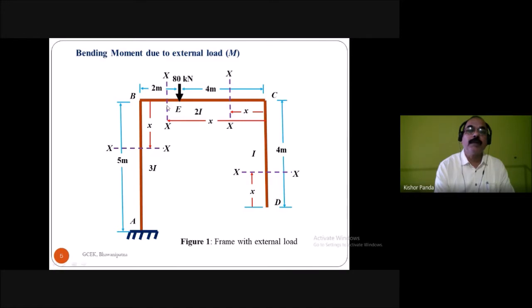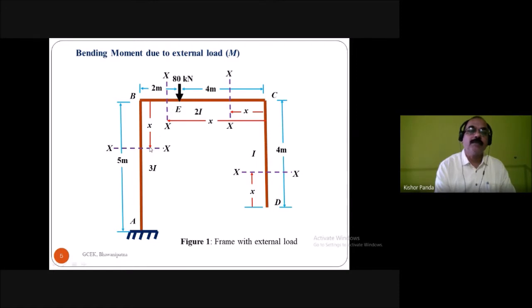So what is the moment at the section? This is 80 into x minus 4, with a minus sign, because the rotation takes place in clockwise direction. So between B and D, the moment is equal to minus 80 into x minus 4.